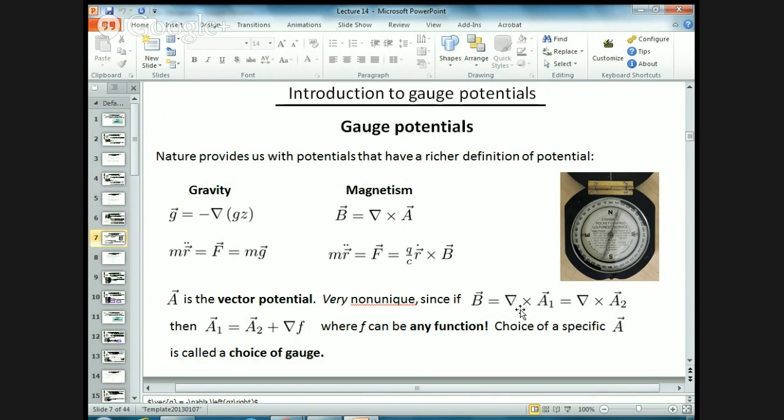If you have two vector potentials that give the same magnetic field, then they're related. If you pause and consider this identity, it turns out that A1 is just A2 plus the gradient of a function f, where f can be any function. So if you have one vector potential, you can compose an infinite number of others just by choosing some arbitrary function and taking its gradient. It's a much, much stranger, almost mysterious generalization of this constant.